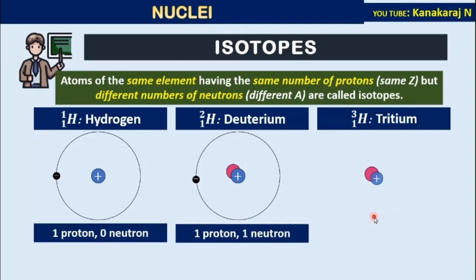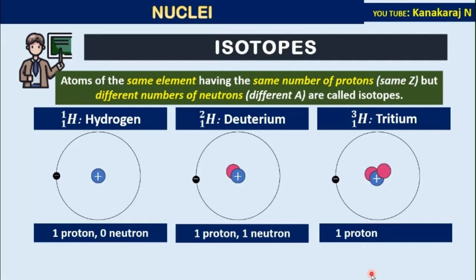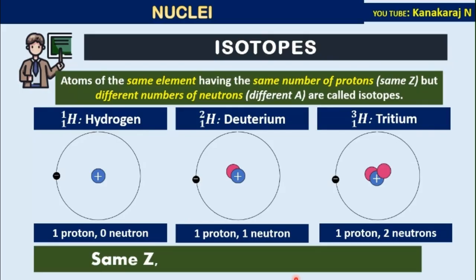One neutron, one proton, in addition to that, there is one more neutron. So, one proton, two neutrons and one electron in the orbit. So, hydrogen, deuterium, tritium are the isotopes of hydrogen. Same Z, different N, so different A.